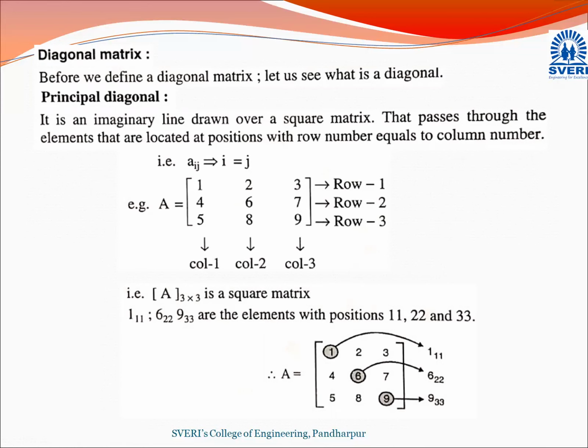So here, if you compare these matrices, this 1, 6 and 9 are the elements in the principal diagonal, or these are the leading diagonal elements.